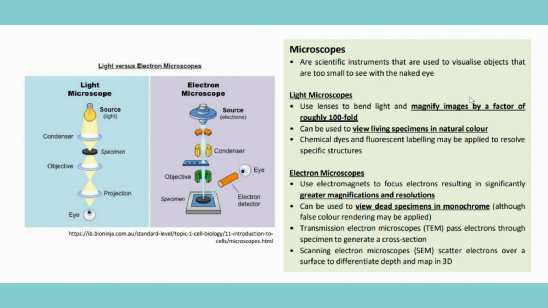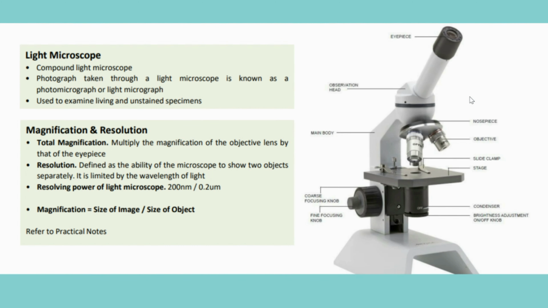So that's the difference. Take note: one passes electrons, one scatters electrons; one generates a cross section, while the other generates a surface to differentiate depth, and also a map in 3D.